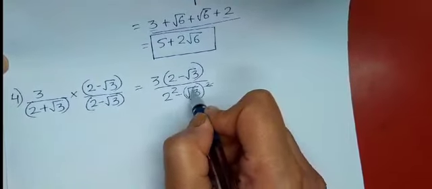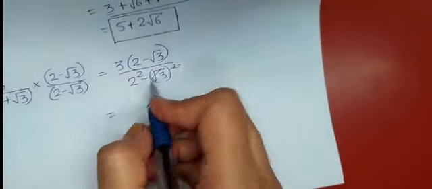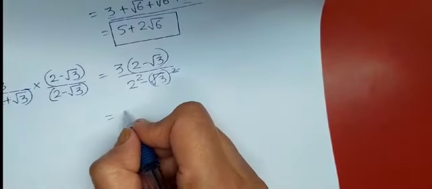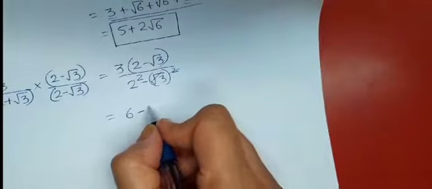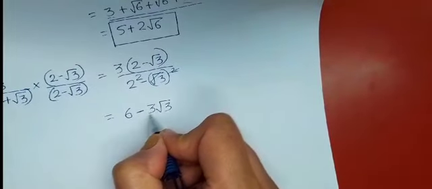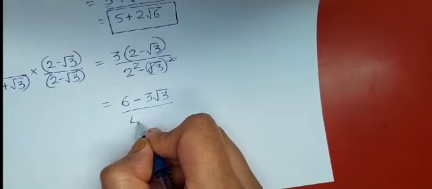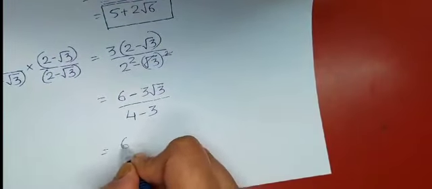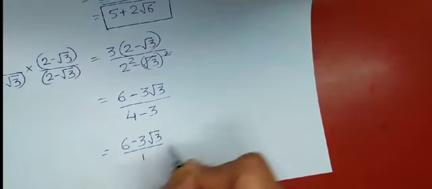Here the square will cancel the square root. Now further simplifying we'll get 3 times 2 is 6 minus 3 times root 3 will be 3 root 3, and here in the denominator we get 4 minus 3. So 6 minus 3 root 3 over 1.